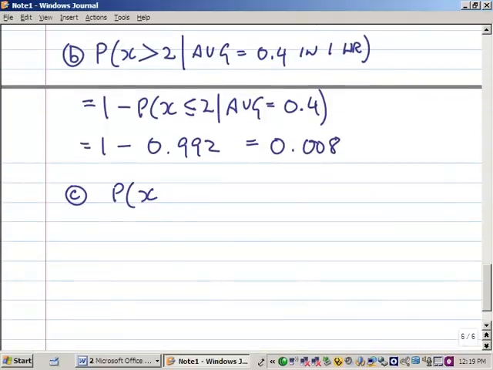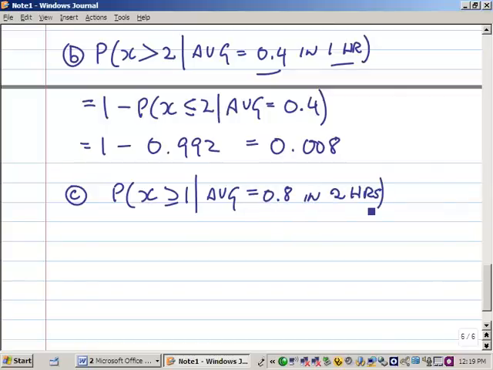At least 1 means x greater than or equal to 1 in 2 hours. Well, if the average is 0.4 in 1 hour, in 2 hours it's got to be 0.8. Again, we can't look up greater than or equal to in our tables, so we will have to use complements.